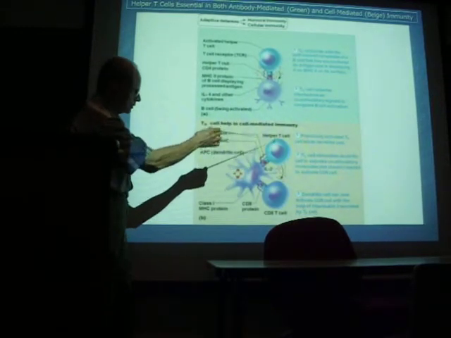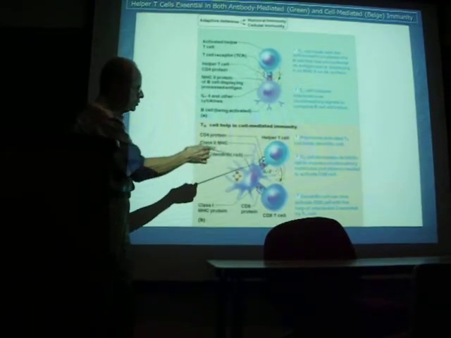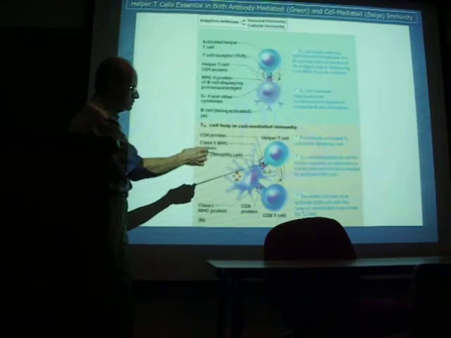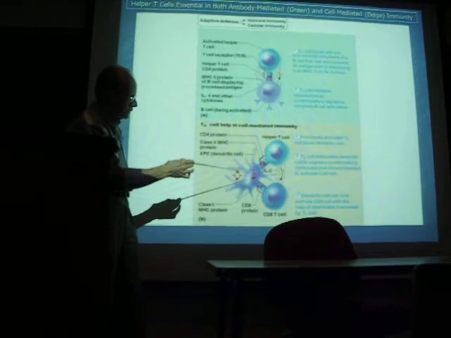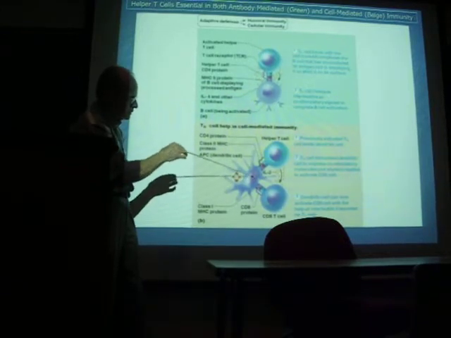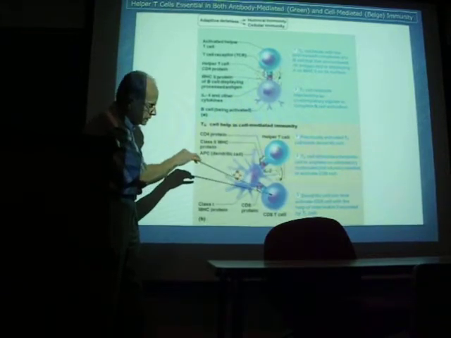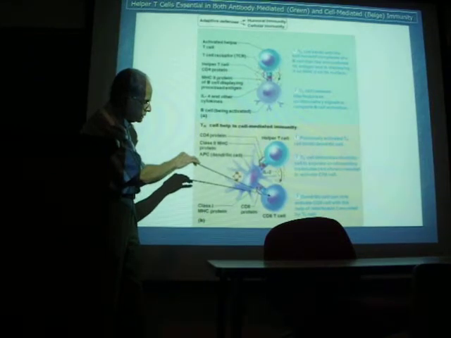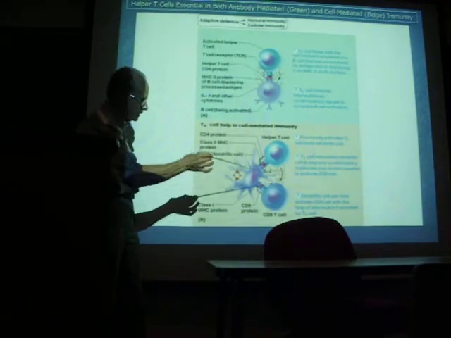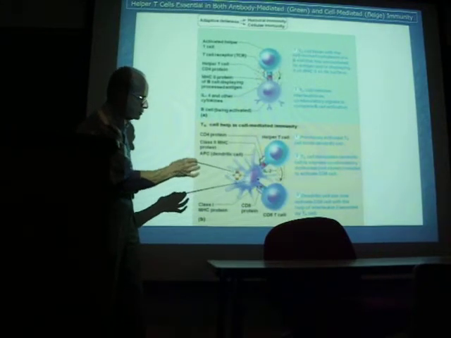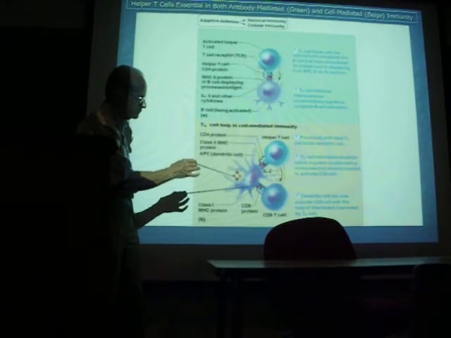But alongside comes a helper T cell here. And this helper T cell is going to stimulate this APC to co-stimulate this cytotoxic T cell right here. That is not shown on this diagram right here.